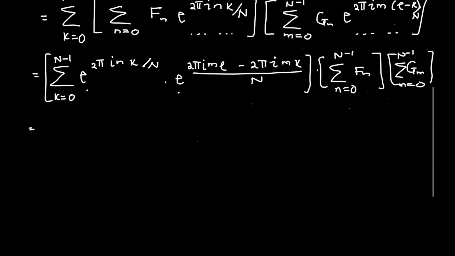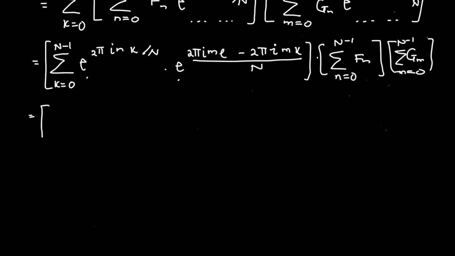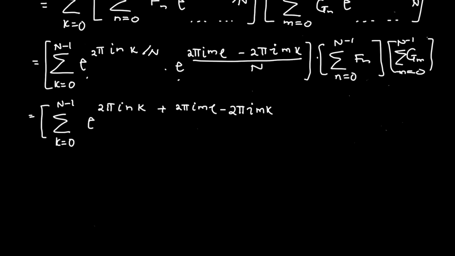The sum over k equals 0 to n minus 1, everything divided by n, of e to the power 2 pi i n k plus 2 pi i m l minus 2 pi i m k, all divided by n.